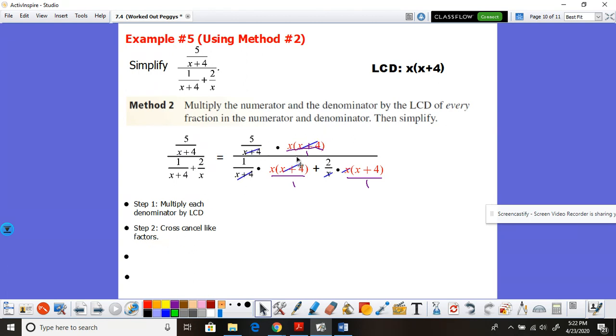So notice up here, x and x plus 4 cancel out. x plus 4 and x plus 4 cancel out, and then x and x cancel out. Once again, I'm going to look at these as 3 different terms. After I cross out like factors, I'm just going to start simplifying. So when I do that, I'm left with 5 and an x on top, and I'm left with an x plus 2 times x plus 4.